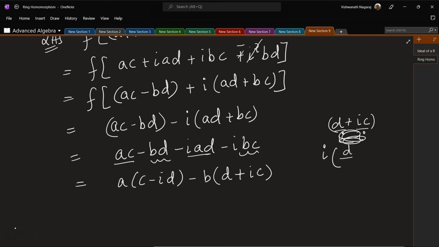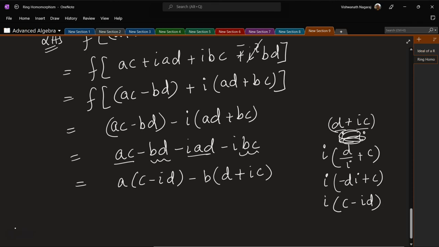So this will become D by i plus this will become what? C. But if we take i out, then D by i is nothing but minus iD. And this is plus C, which is nothing but C minus iD.